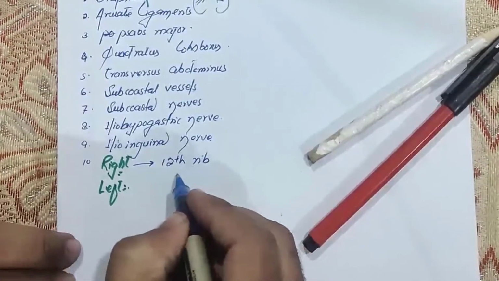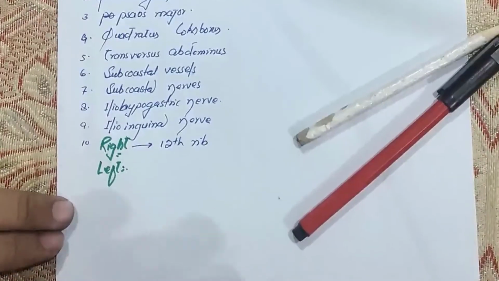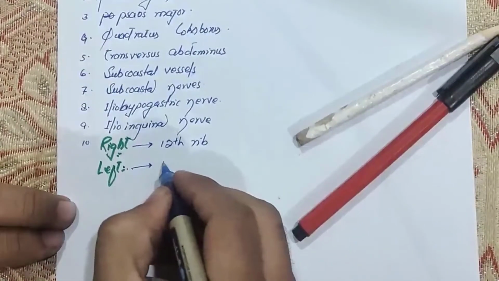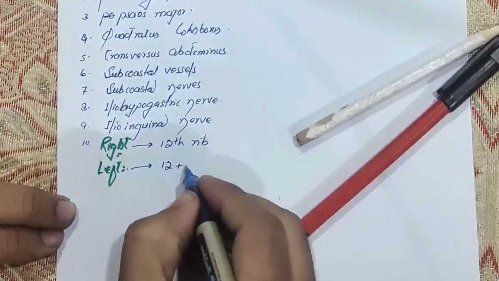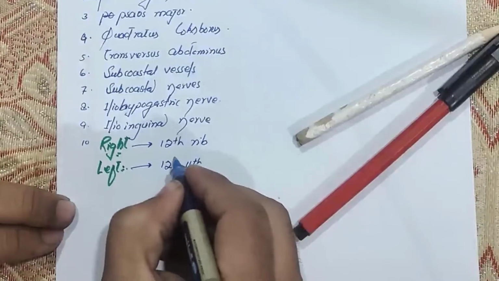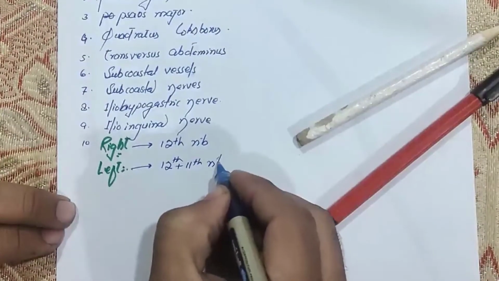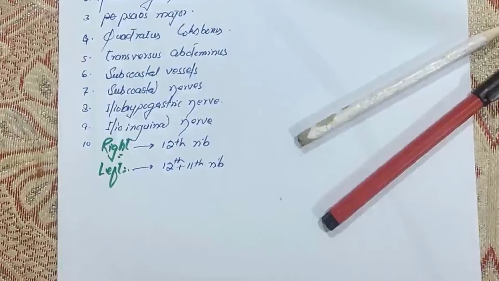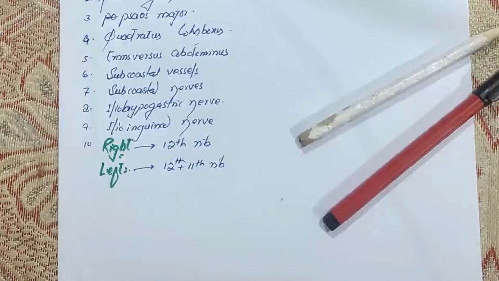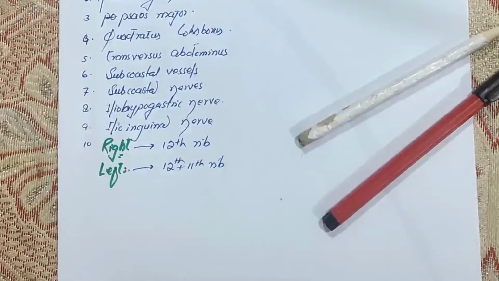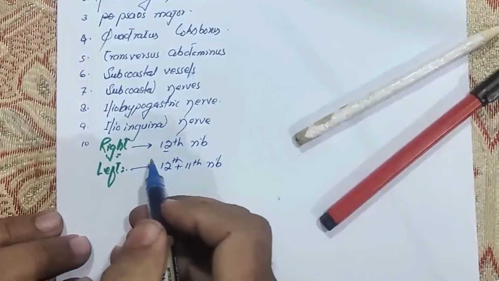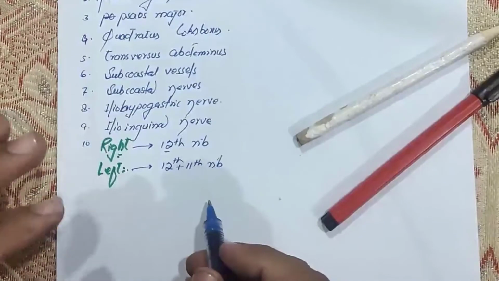There is the impression of the 12th rib on the posterior surface of the right kidney, and then there is the impression of the 11th plus 12th rib. So on the posterior surface, the left kidney is related to two ribs or costal bones, and the right kidney is related to only one costal bone, which is the 12th.